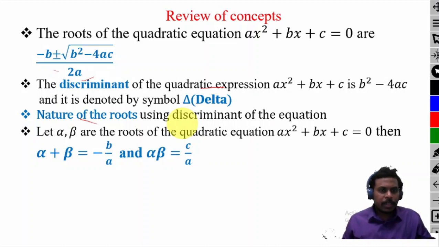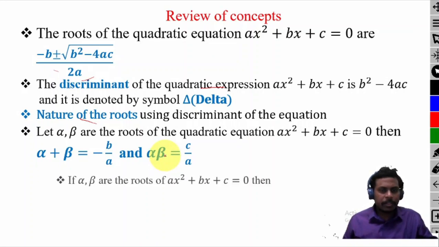And the next point that we have studied is, let alpha comma beta be the roots of the quadratic equation ax square plus bx plus c. Then we have this relation: alpha plus beta is equal to minus b by a and alpha beta is equal to c by a. This is the relation between the roots of the quadratic equation and the coefficients of the equation.